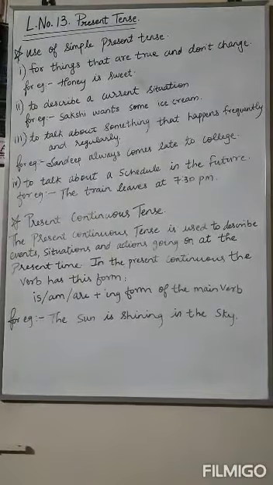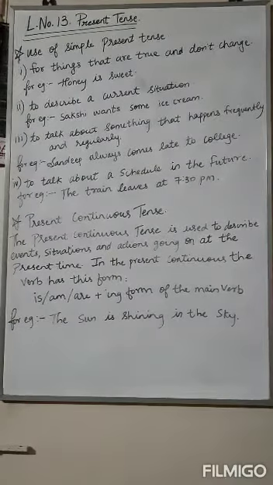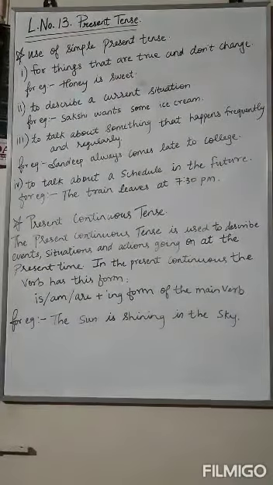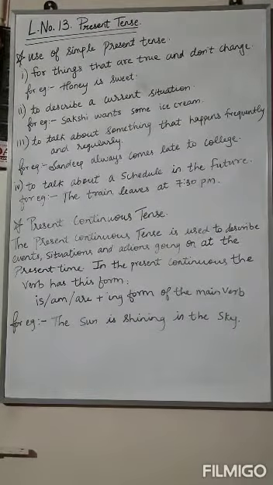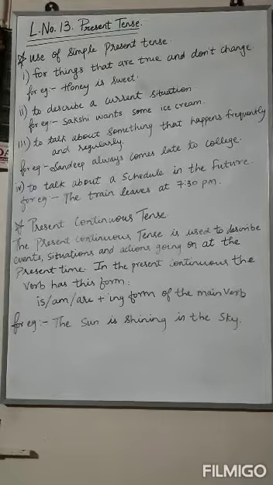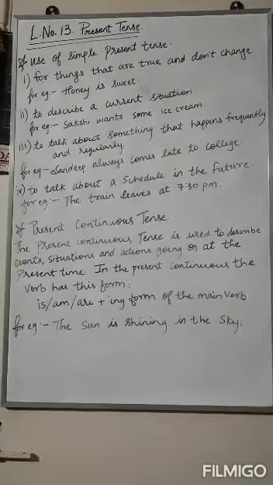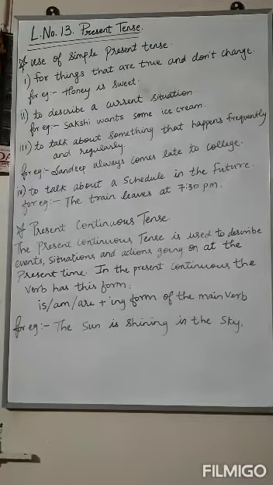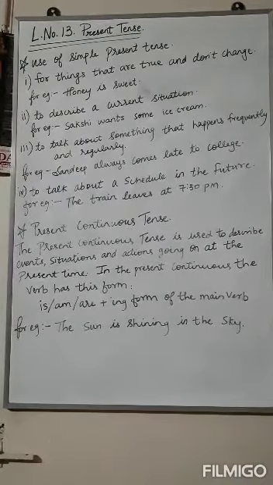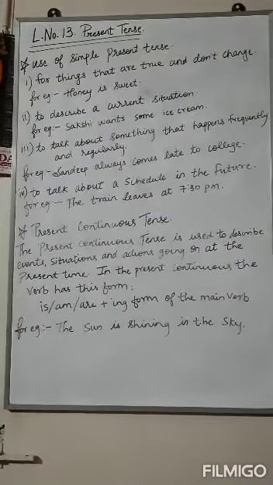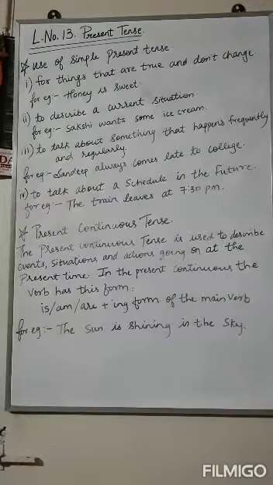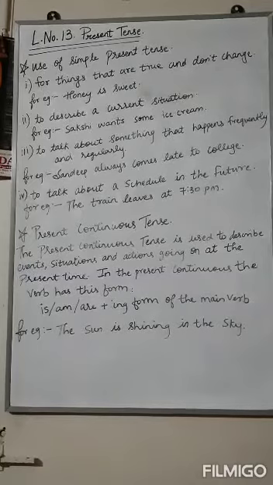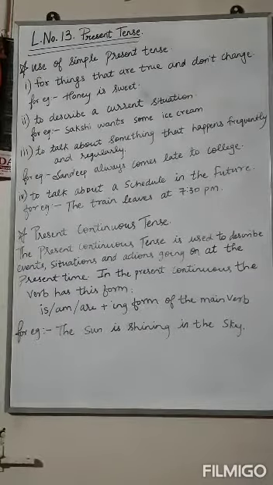Next are the uses of simple present tense. Simple present tense is used for things that are true and don't change. For example, honey is sweet. Second, it describes the current situation. Tarun is in the basement, or Sakshi wants some ice cream. It is also used to talk about something that happens frequently or regularly.